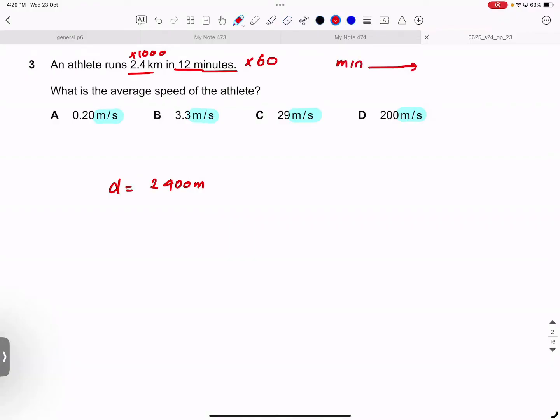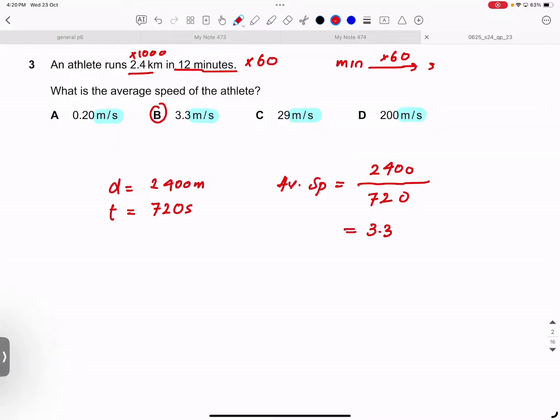So the time is 12 multiplied by 60, 720 seconds. Average speed is total distance divided by total time, 2,400 over 720. The answer is 3.333. Option B. Makes sense.